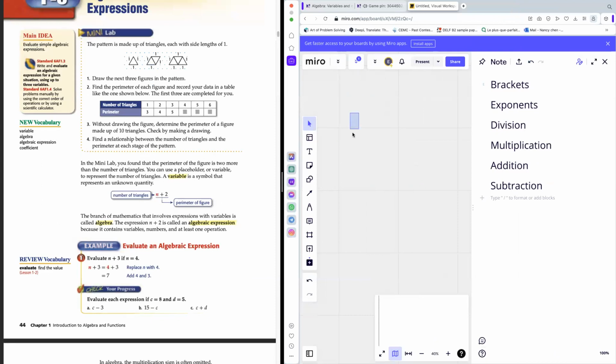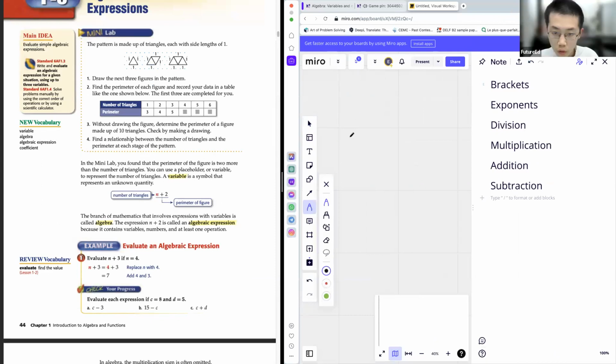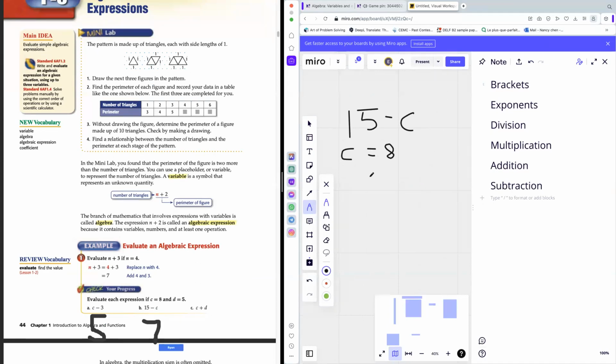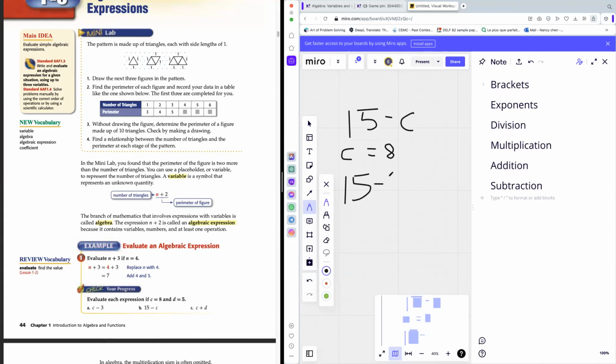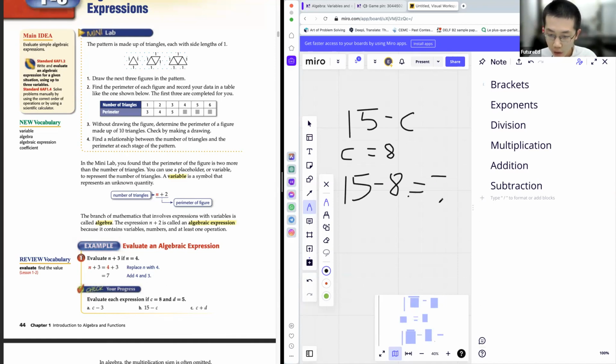Yes, you're doing B. So 15 minus c if c is equal to 8. So the first step, it's 7. Exactly. The first step, you would substitute the 8 into the c, right? Because the c is equal to 8, so 15 minus 8 is indeed equal to 7.